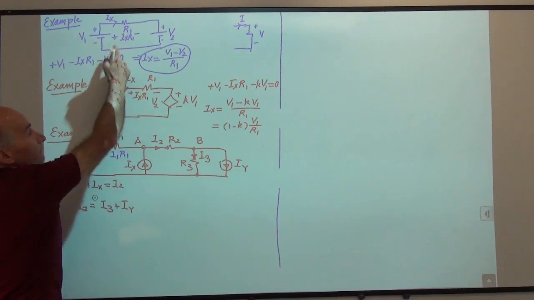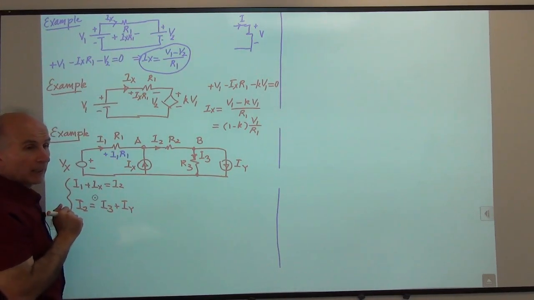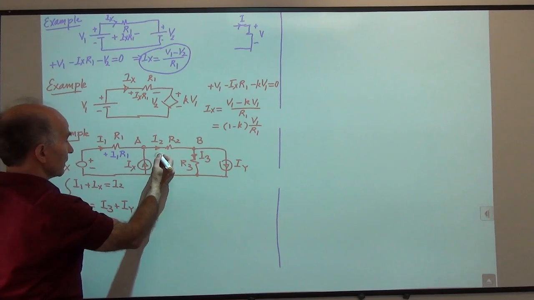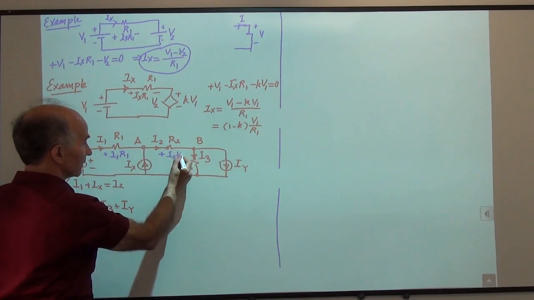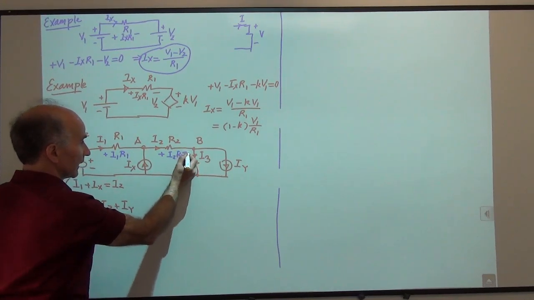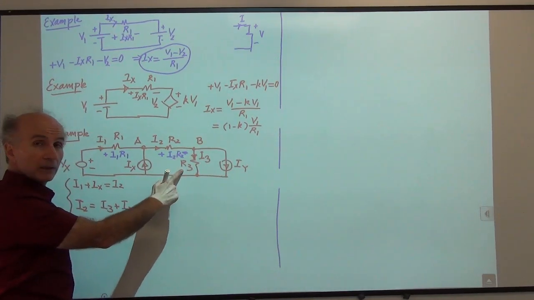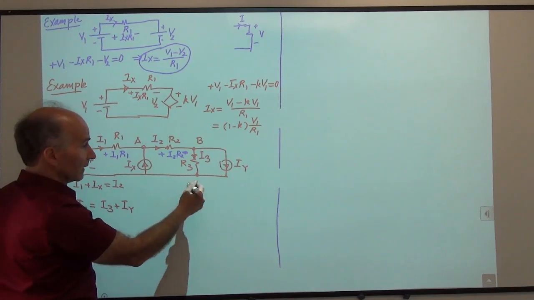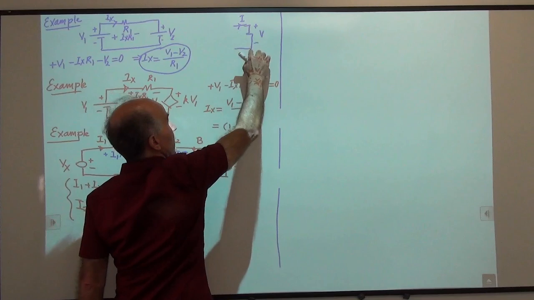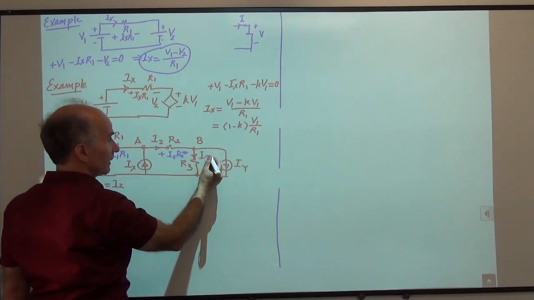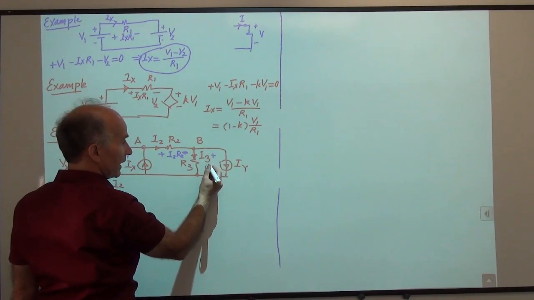Just like before. Okay, and I have another voltage here, plus I2 R2, and negative on this side. How about this one? I3 flows through R3. So I3 is going from high potential to low potential, right? From here to here. So the voltage has to be positive up here, negative down here, and its value should be I3 R3.